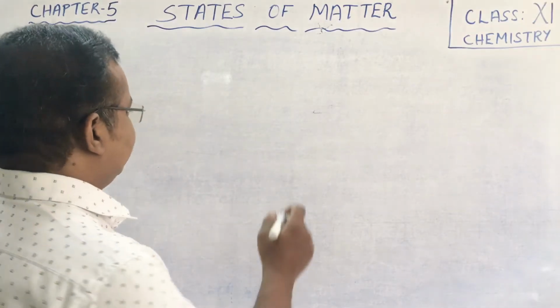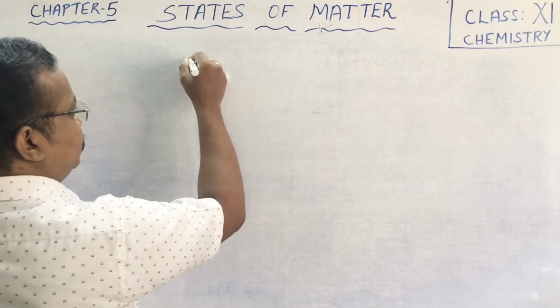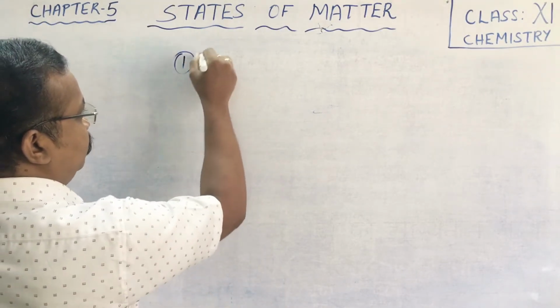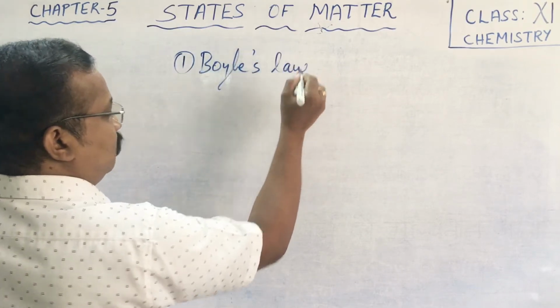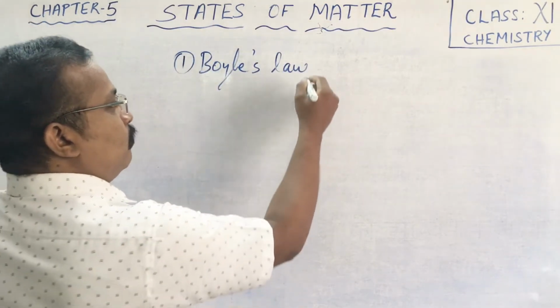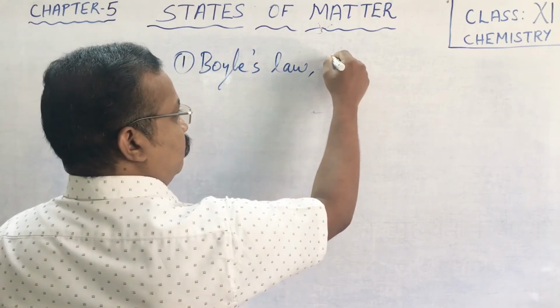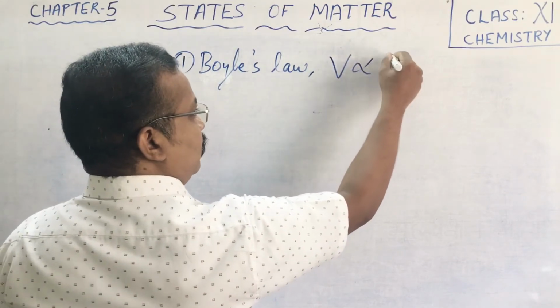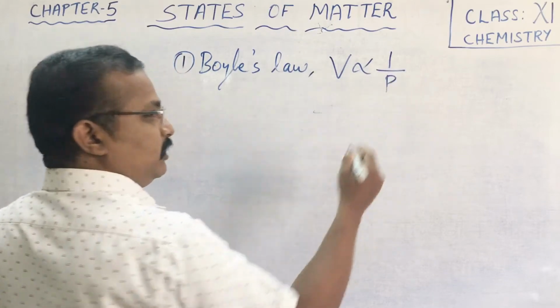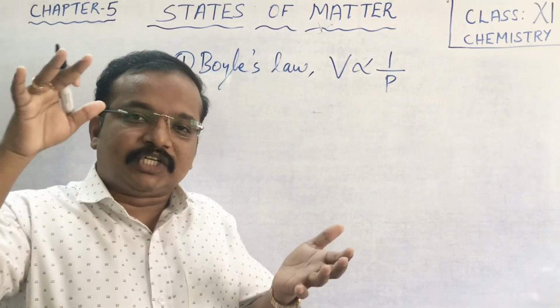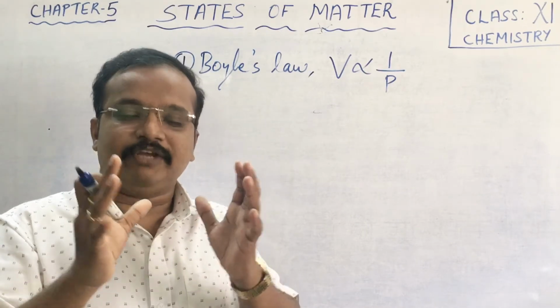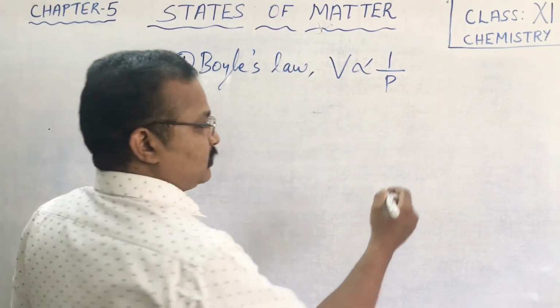In the previous classes we have discussed gas laws, in which first we discussed Boyle's Law. Boyle's Law says volume and pressure are inversely proportional, meaning whenever pressure is increased, the volume of a given mass of substance decreases.